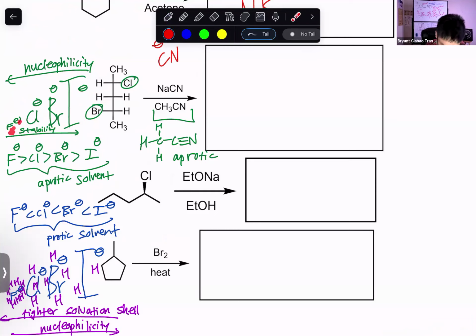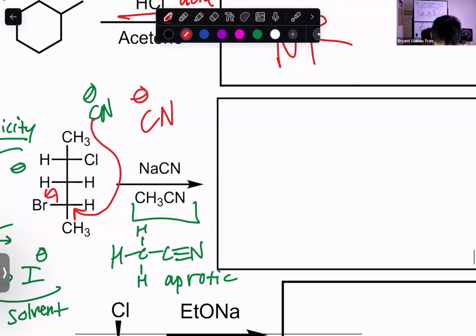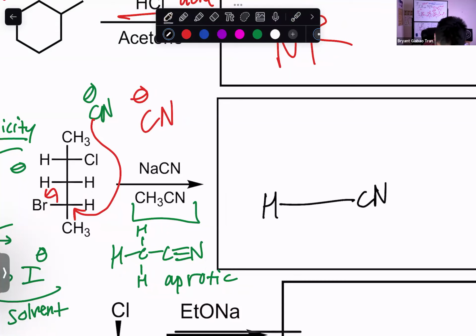So the CN minus is going to attack that carbon there and kick out the bromine. And in Fischer projection, to invert the stereochemistry, we swap the two groups horizontally. Because the CN minus attacked there and kicked out the bromine, the CN is now going to be on the right side, and that's showing the inversion of stereochemistry.